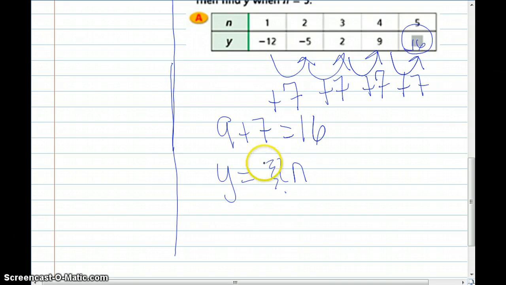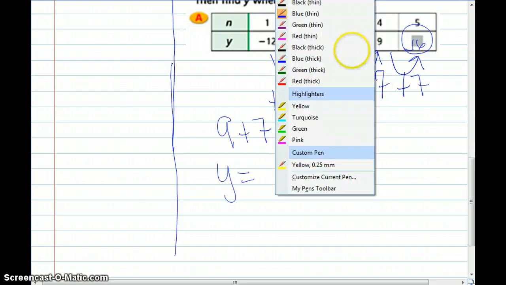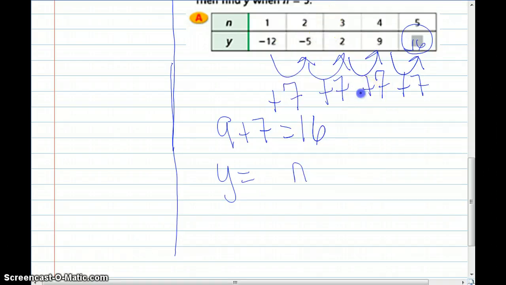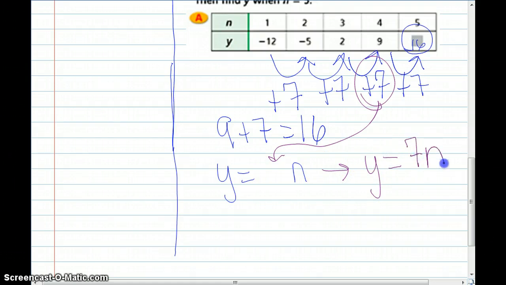We just don't know what. Well, the nice thing is, we've learned that whatever our repeated addition is goes in front of the n. So since it's a positive 7, my function is going to be y equals 7n. And we can go back and test this theory and see if it works.